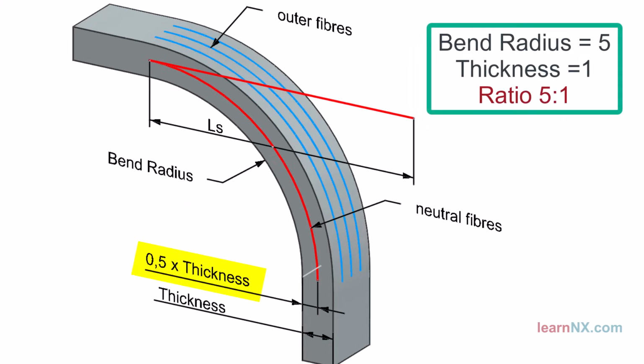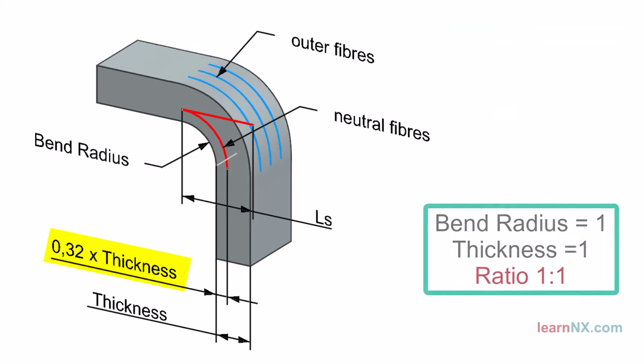Only when the ratio is greater than 5 is the neutral fiber in the middle. The smaller the ratio, the closer the neutral fiber moves towards the bending radius. At a ratio of 1, the distance is approximately 0.32 times the sheet thickness. The outer fibers are now shorter, but also more stretched. But the springback is reduced to about 1 degree.